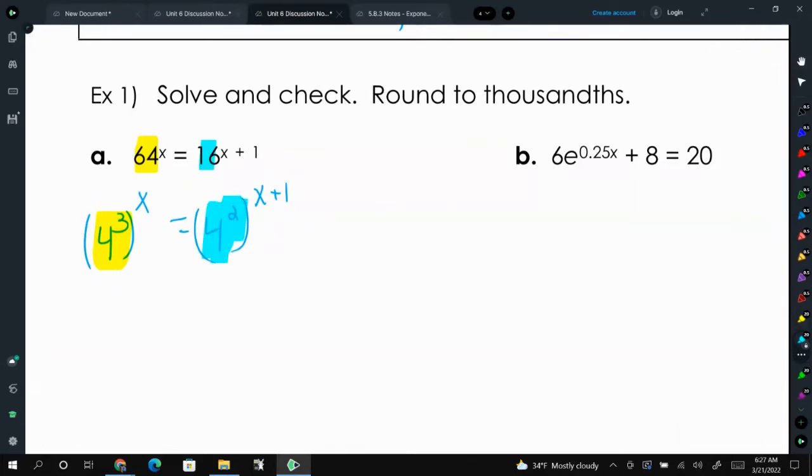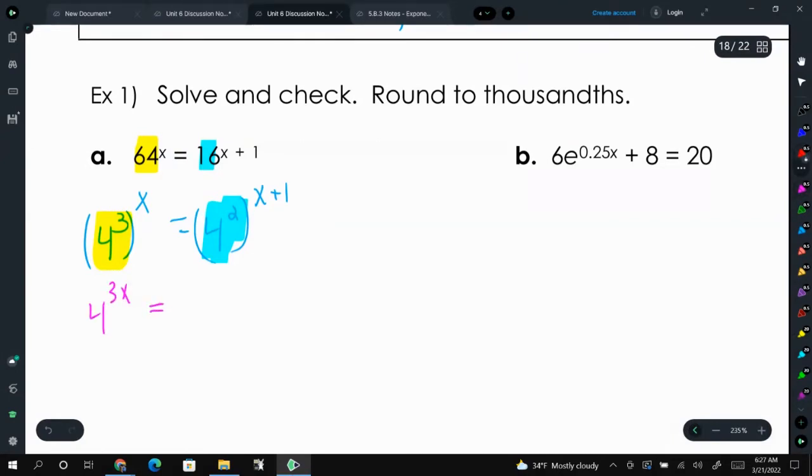And now remember, when we have a power raised to a power, we multiply the powers. We multiply those exponents. So this becomes 4 to the 3x equals 4 to the 2x plus 2, because we've got to multiply both of these things by 2.